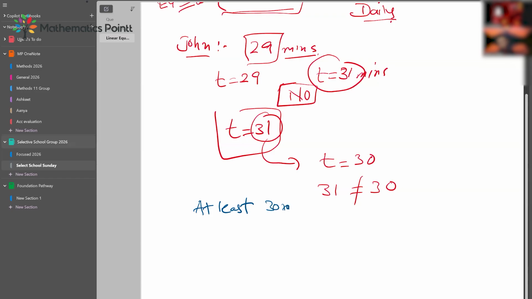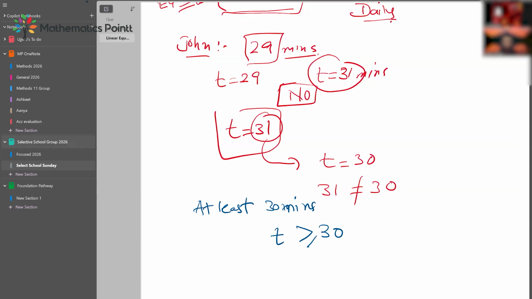At least 30 minutes. So in this case, the scenario becomes at least 30 minutes, which means t should be greater than or equal to 30 minutes.